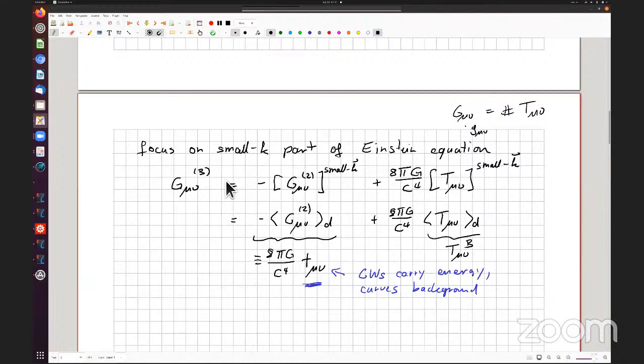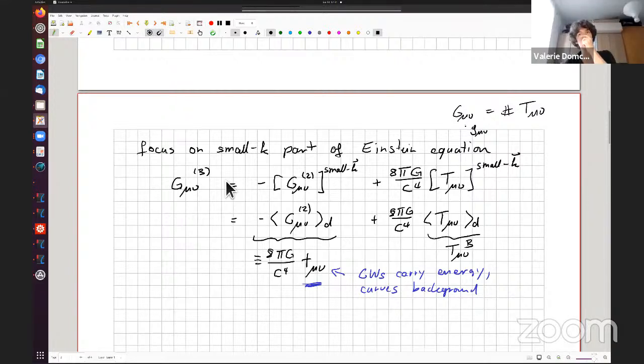No, it doesn't. In fact, we'll talk about that tomorrow. When the gravitational waves are outside the horizon, they don't contribute to energy in this way.